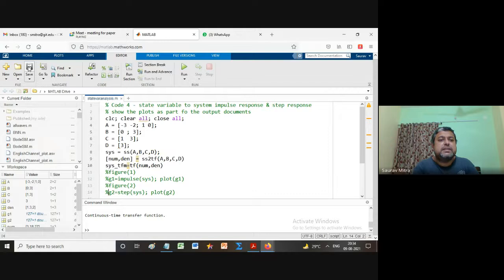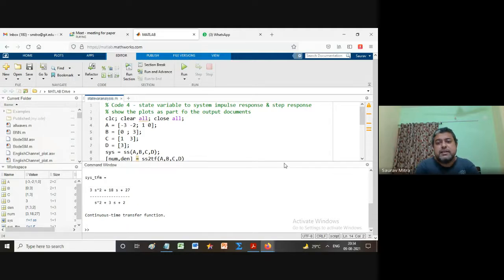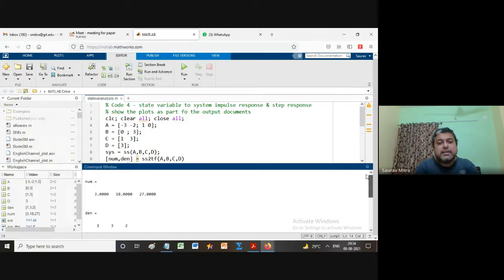So ABCD, as soon as I am giving ABCD, I am entering it myself. I have kept it to a 2 by 2 matrix. And then what is sys doing? Initially, sys is taking into account the ABCD matrix together. Whatever ABCD matrix is initially given, it is not understood as a state space.